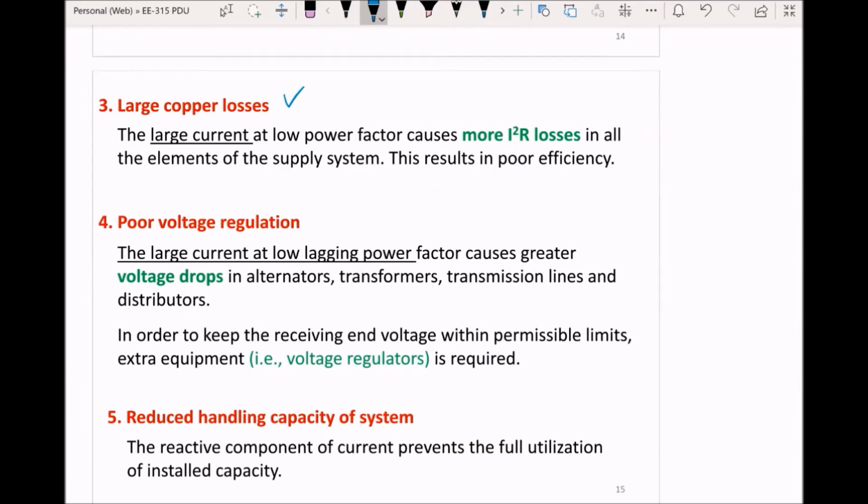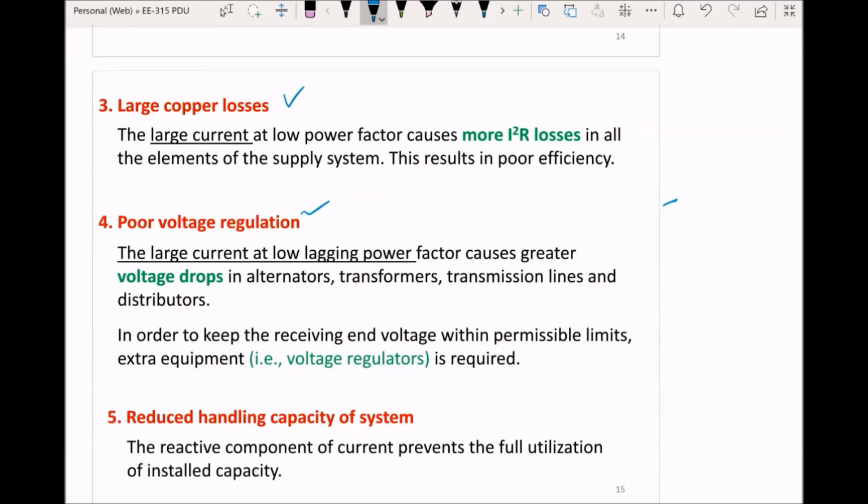The next on the list is poor voltage regulation. We know that for low power factor, the equipment connected would require a higher magnitude of current through a thicker size of conductor. This will make the voltage drop way before it appears across the load.